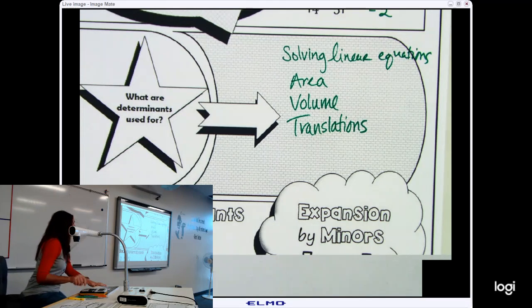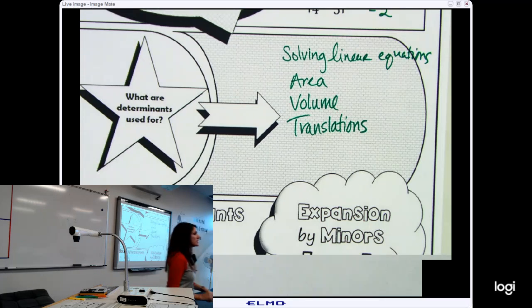We are going to save 3x3s for tomorrow because they're a little bigger. And we're going to use 2x2s with Cramer's rule to solve a system of equations. This is brand new, so it's kind of a gee whiz kind of thing, but this is my preferred way.